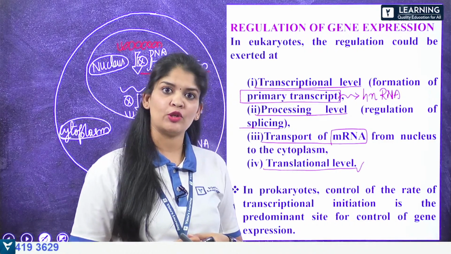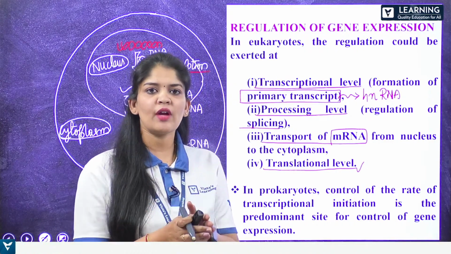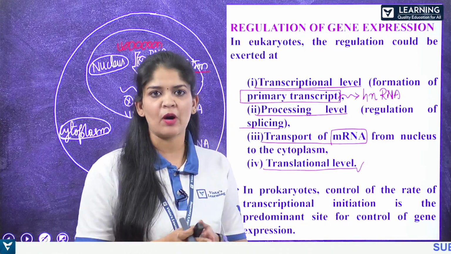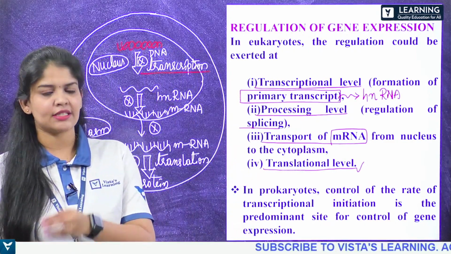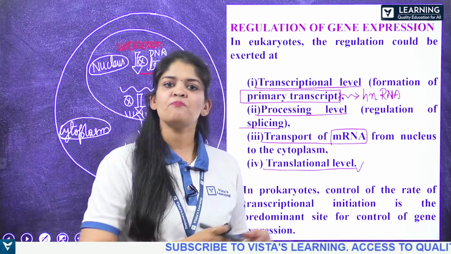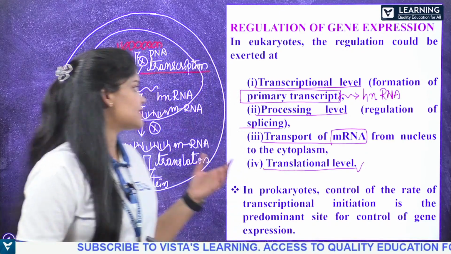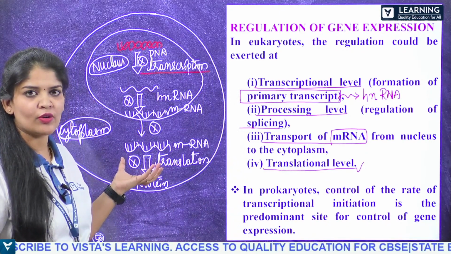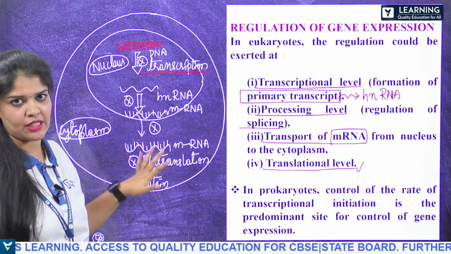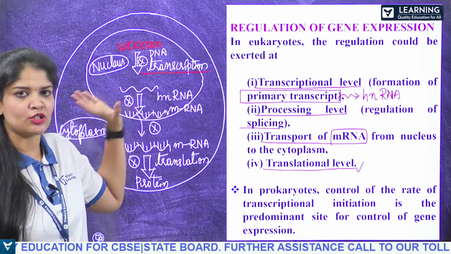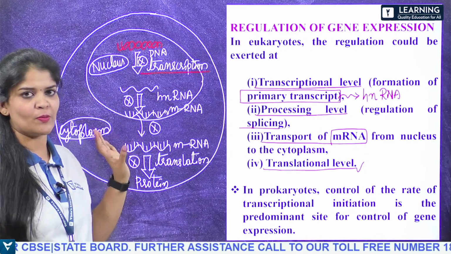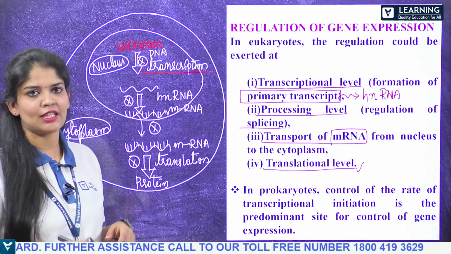Then what about prokaryotes? As we already said, prokaryotes do not show the separate compartmentalization where transcription happens in the nucleus and translation happens in the cytoplasm. The same way as we saw in eukaryotes, this differentiation of the site where transcription happens and where translation happens is not present in prokaryotes.